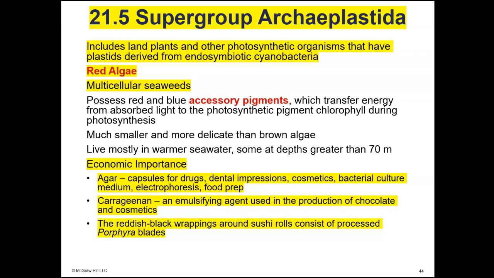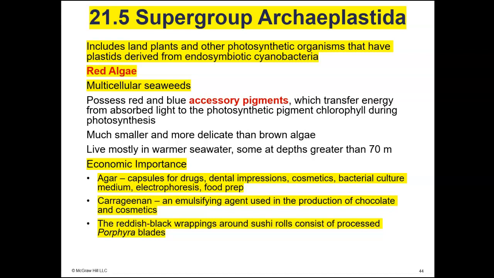Agar is also used as capsules for drugs. If you take any type of medication in a capsule, that capsule probably contains agar from seaweed. It's used for dental impressions, cosmetics, and bacterial culture medium, sometimes in a Petri dish and sometimes in a test tube.